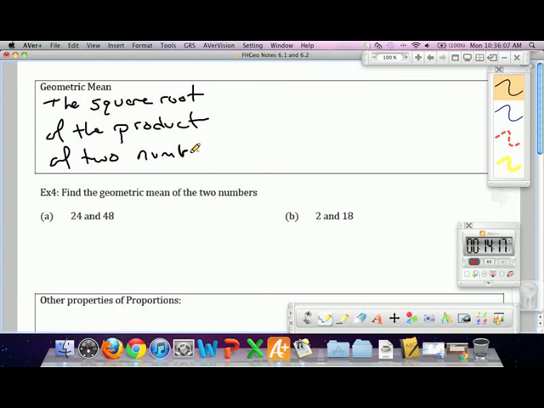Okay. In general, we'll find the geometric mean in the following way. For our 2 numbers, a and b, whatever one of them is, divided by the geometric mean, is equal to the geometric mean over the second number.